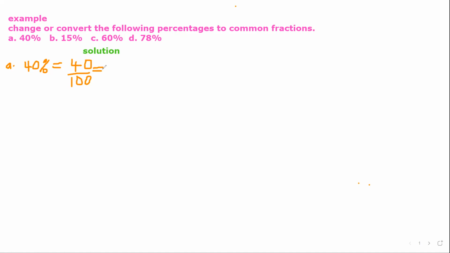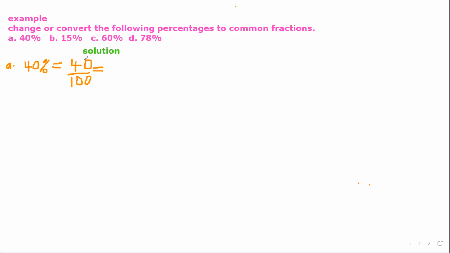Then, because we want to change to common fraction, a fraction that has been cancelled to its minimum state, or reduced to its simplest form. So the 40 over 100, you can simplify it.